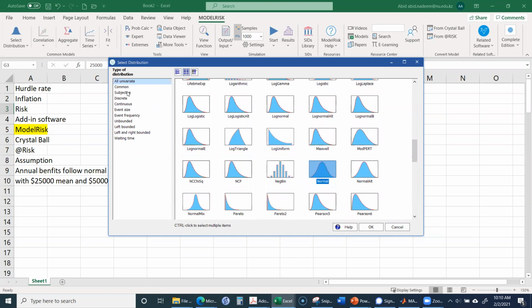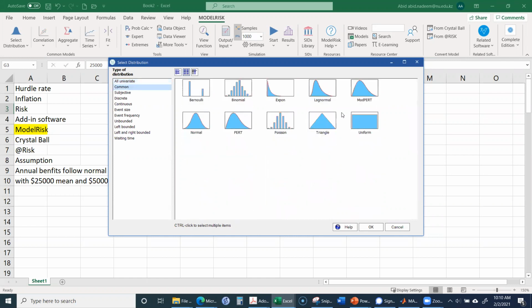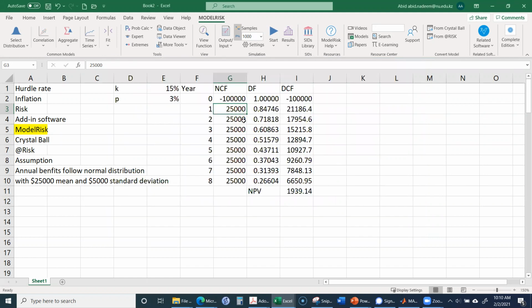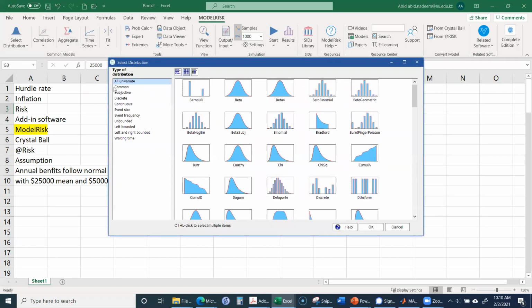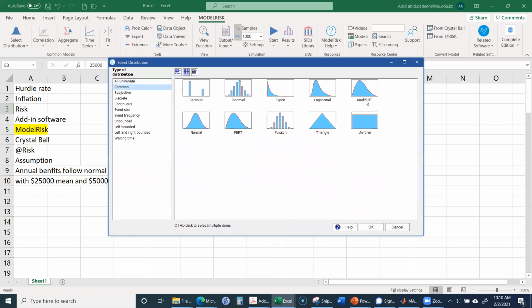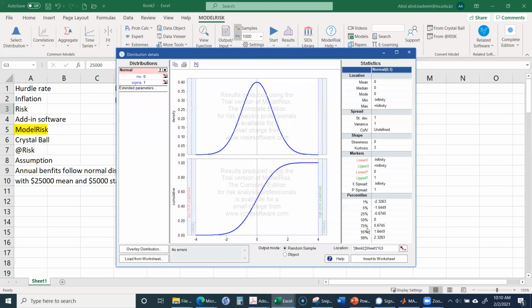This will also be in some of the common distributions as well. So if I want to select these values for the normal distribution, I will select the first value, then select the distribution, go to the common, select the normal distribution, and click OK.